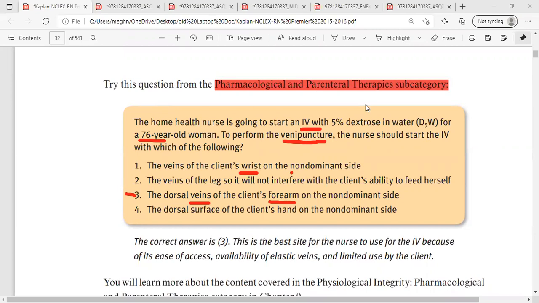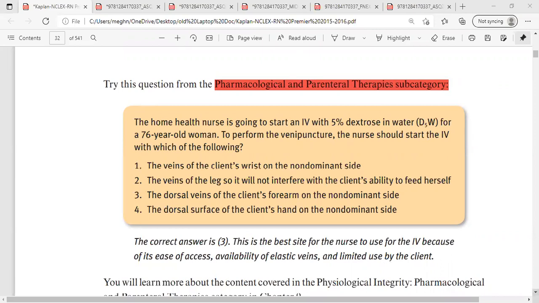So now let me go to the next discussion. They said the correct answer is 3, and this is the best site for the nurse to use for IV because of the ease of access. It is easy to access, and also the availability of elastic veins, with limited use by the client.